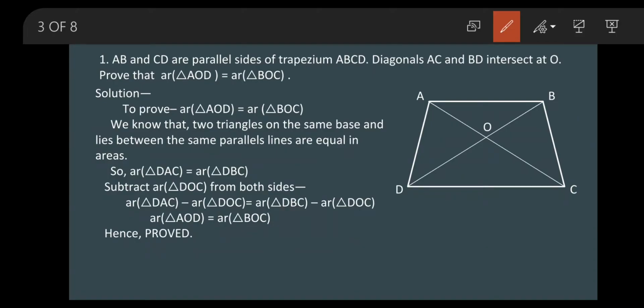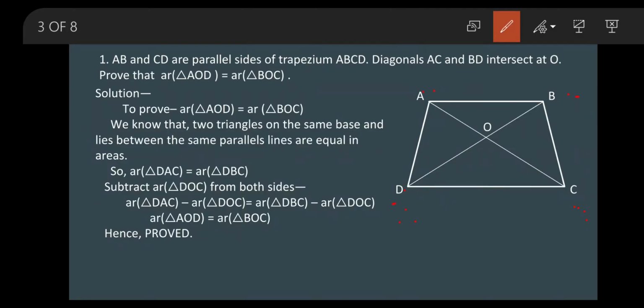We know that two triangles on the same base and lying between the same parallel lines are equal in area. So here triangle ADC and triangle BDC lie between the same parallel lines AB and CD and on the same base CD. So the area of triangle DAC is equal to area of triangle DBC.